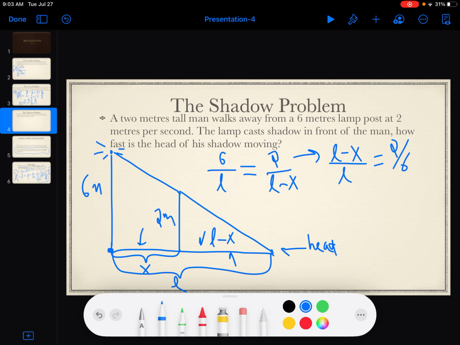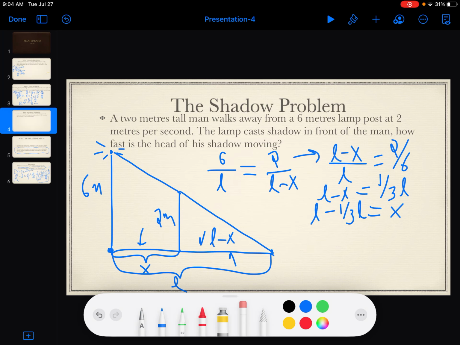So let's separate L and X. Let's multiply L to the right side, and we get L minus X is equal to 1 over 3 L. Let's add X to both sides and subtract 1 over 3 L from both sides.